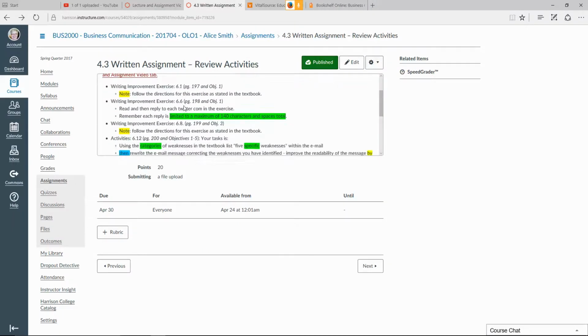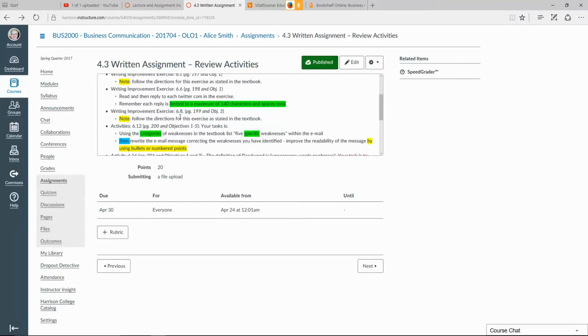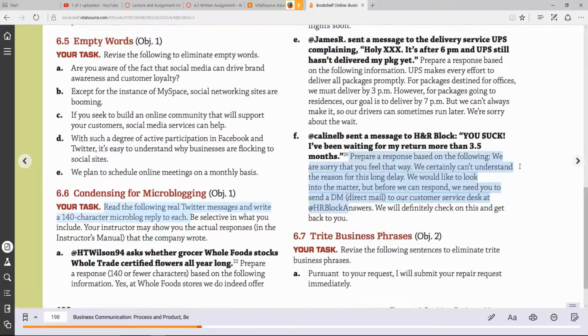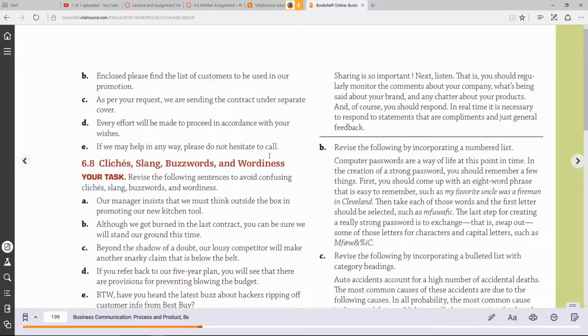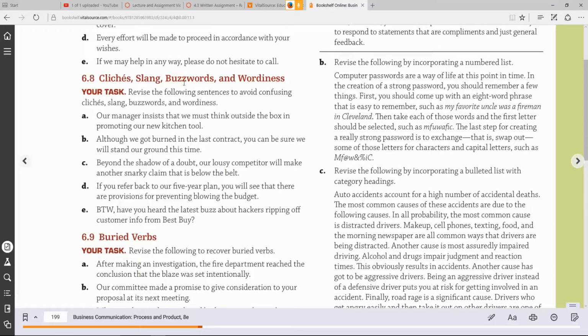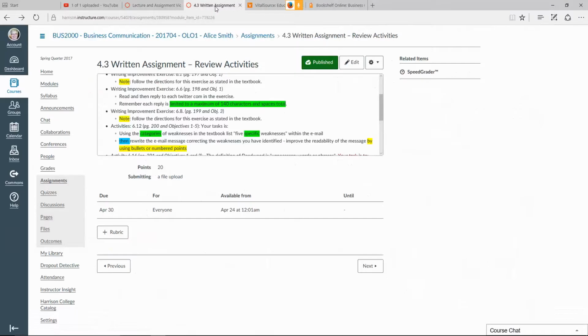Your next one is 6.8. Follow the directions for this exercise as stated in the textbook. Okay, 6.8 is the next page. Clichés, slang, buzzwords, and wordiness. Revise the following sentences to avoid confusing clichés, slang, buzzwords, and wordiness. Now you're told that 6.8 is objective 3.